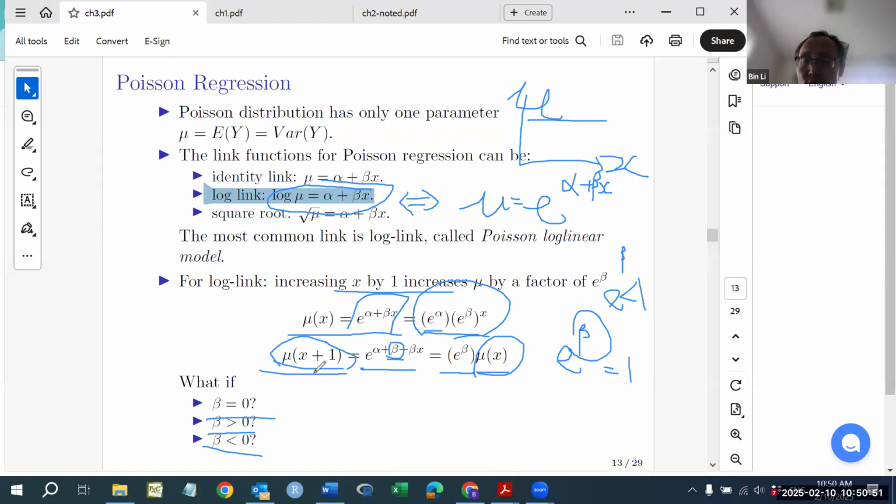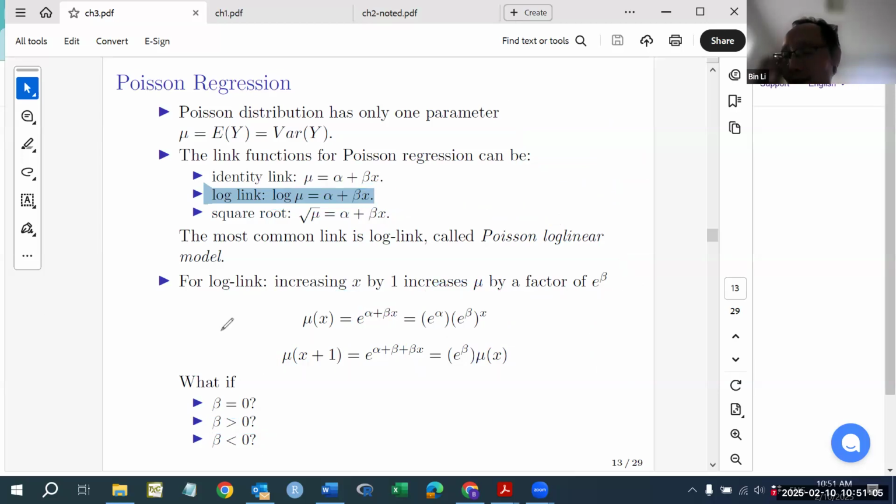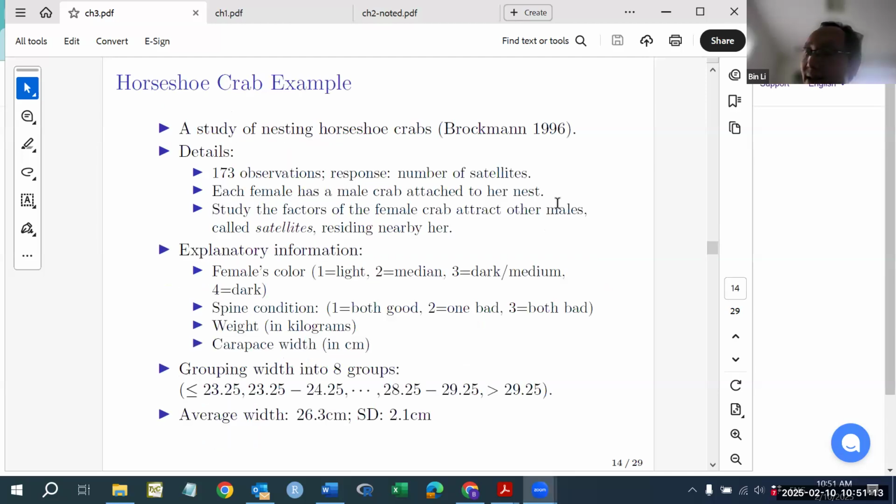So a 1 unit increase in x means the expected count will actually decrease. That's how we interpret the model, and that's the effect of beta on the Poisson log linear models. Okay, now let's see an example.